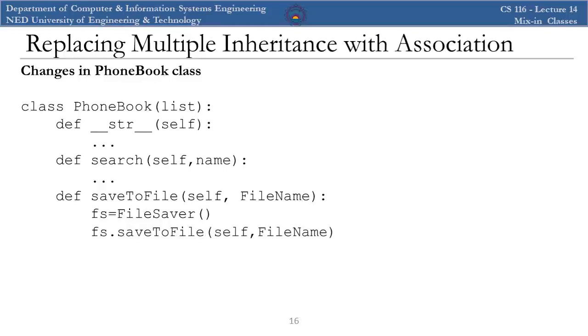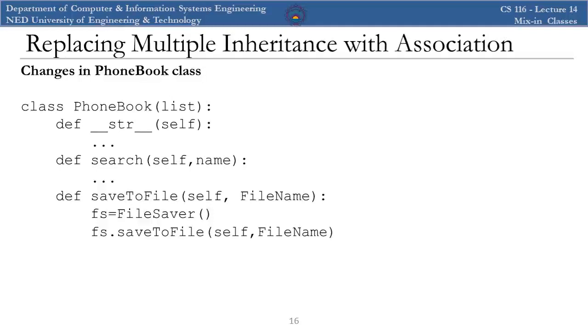So this is the statement. Although the names of these two methods are the same, save to file, they actually are different because they'll be defined in different namespaces. So you see, now I'm instantiating an object of file saver type in my phone book class. That means I'm embedding an object of file saver type in my main class phone book.